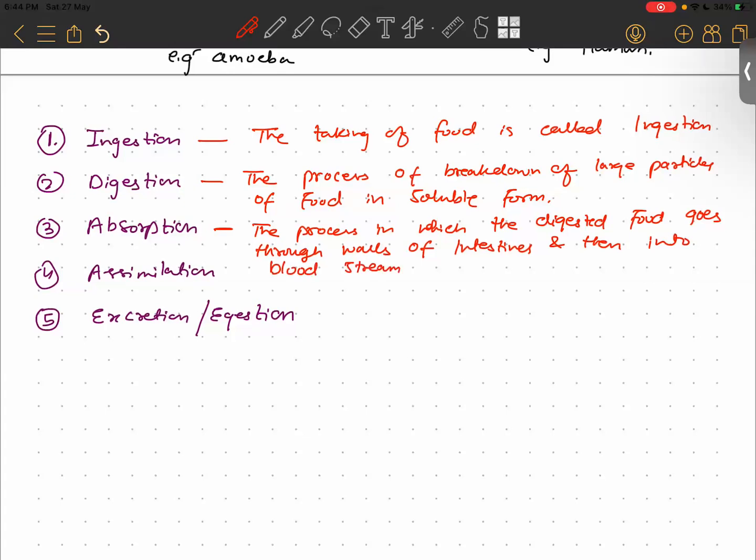Blood stream basically means the flow of blood; the food reaches there.